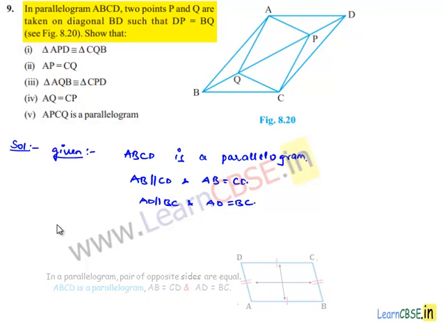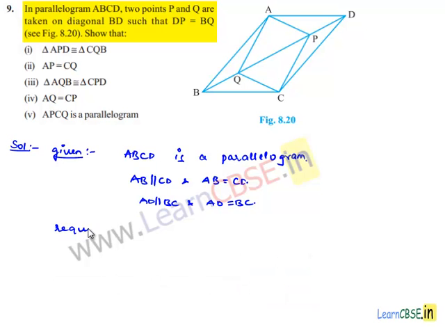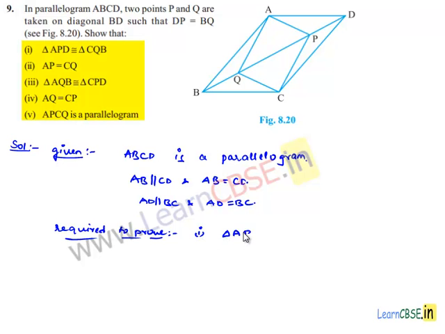Now he asked us to prove, first thing, triangle APD is congruent to triangle CQB. Second thing, AP is equal to CQ.